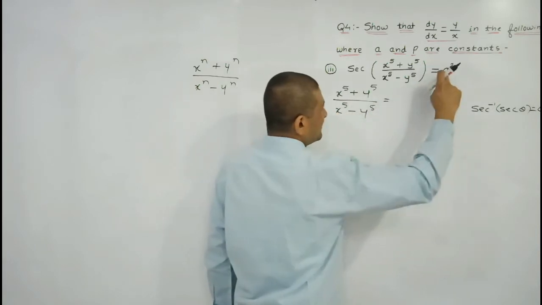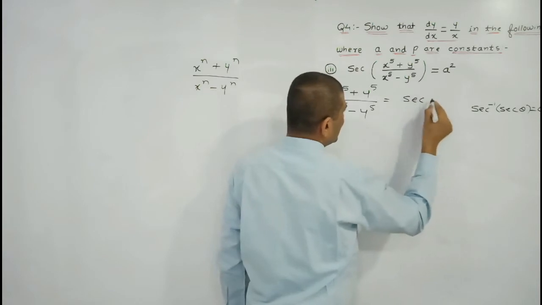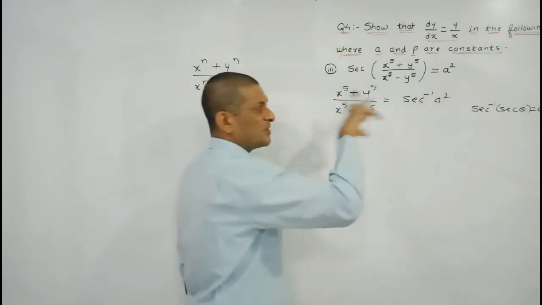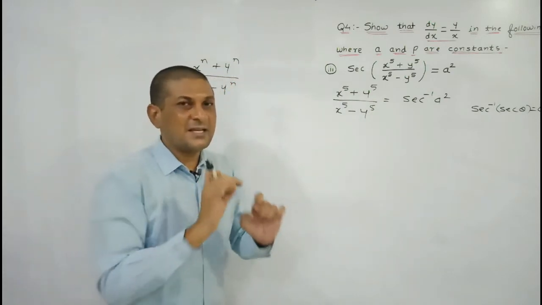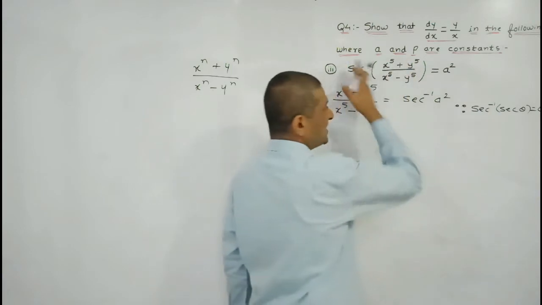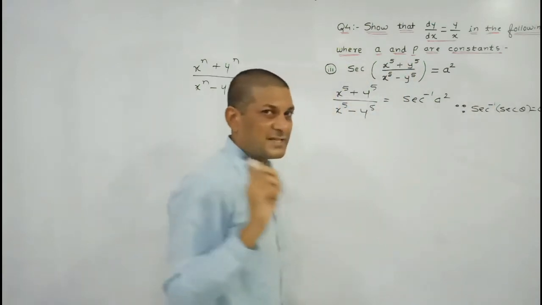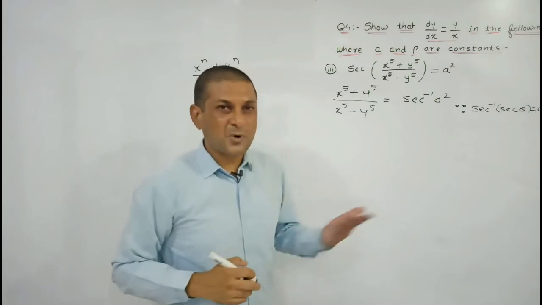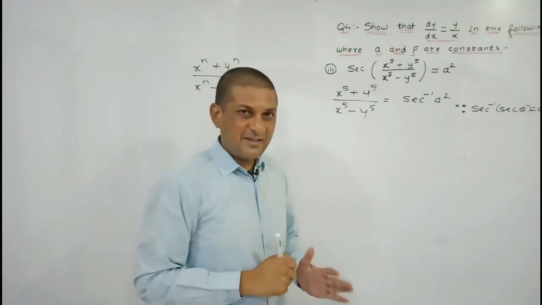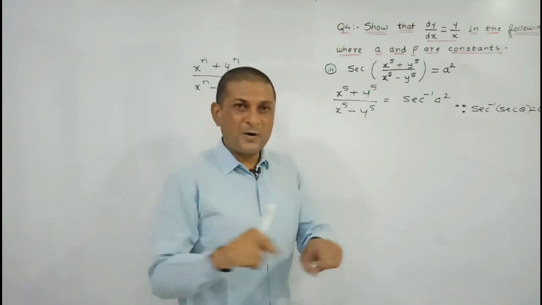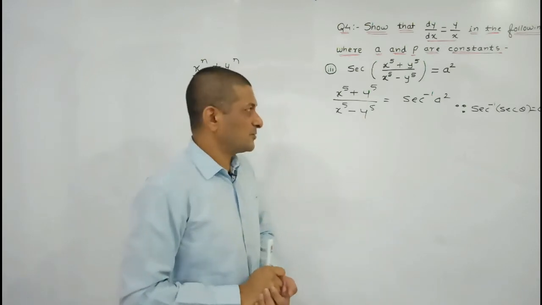And on this side if you are taking sec inverse, so here it will become sec inverse of a square. Just this result we have obtained by taking sec inverse on both sides. So hope you have got it. On the left hand side we have applied this property that sec inverse of sec theta will be equal to theta, and this property we have studied in class 11th. Even I have given, we have already written all these properties also.